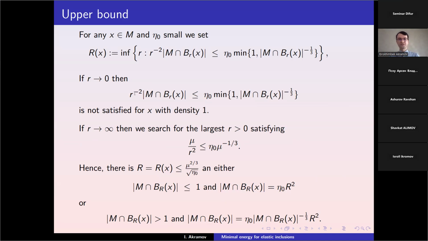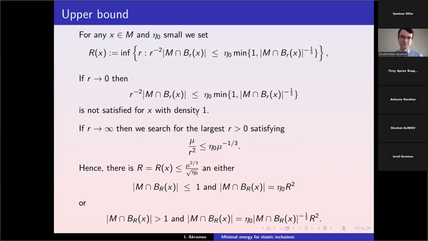Then if R tends to 0, R to the power of -2 times the measure of M intersected with B(R, x) is smaller than nu 0.